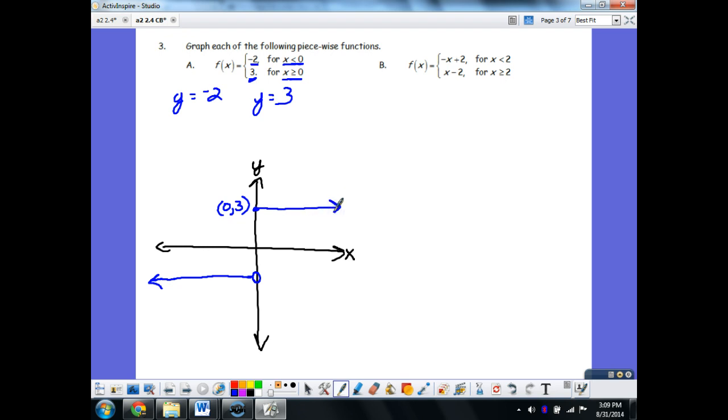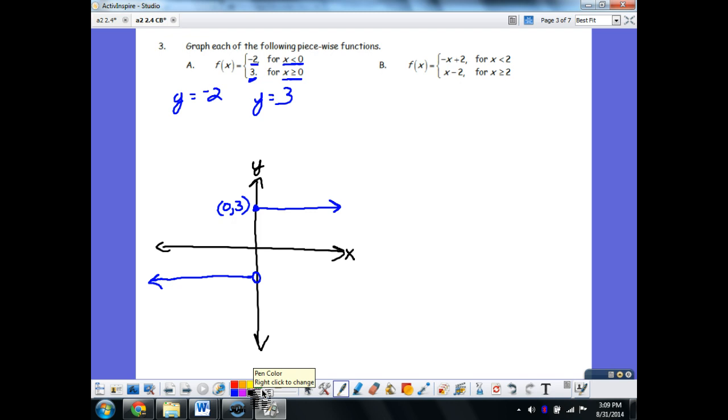And that's what that piecewise function looks like. For x less than 0 down here, we're at -2. For x greater than or equal to 0, with a closed circle, that's how we include 0, we are at 3. So that's what that graph looks like.